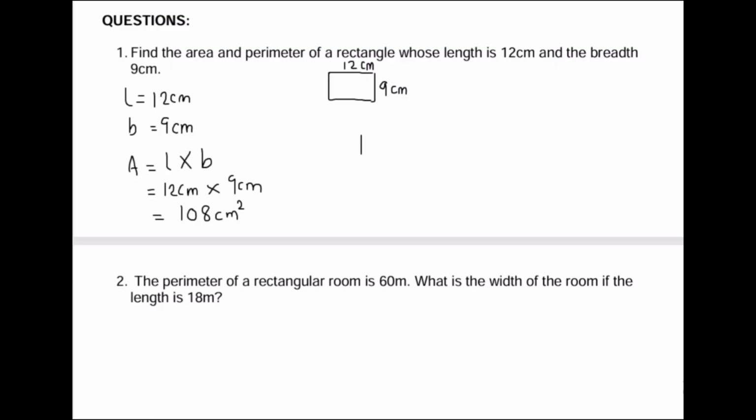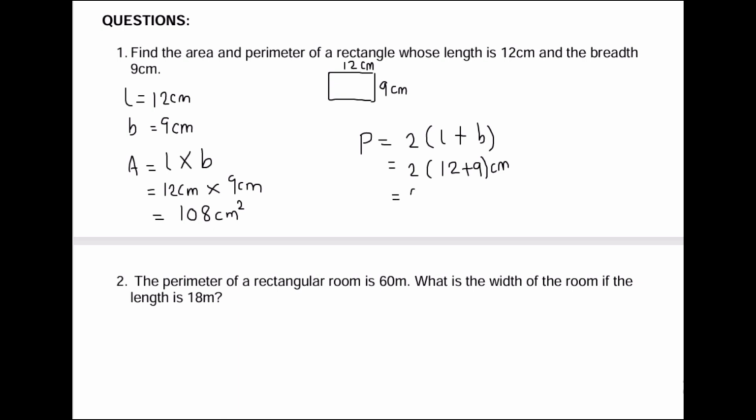Okay, so let's go to the perimeter. Perimeter equals 2 into the bracket of length plus the breadth. So that's going to equal 2. Our length, don't forget, is 12. Then the breadth is 9. I'm going to put my centimeter outside the bracket.